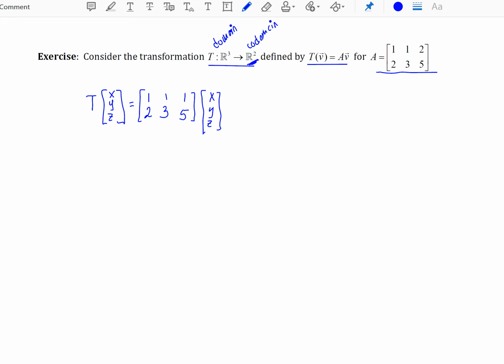I would like to think of this matrix multiplication as a linear combination of the columns of A. So this will be x times your first column plus y times your second column plus z times your third column of A.